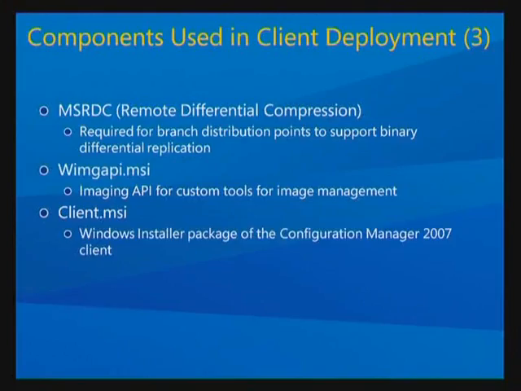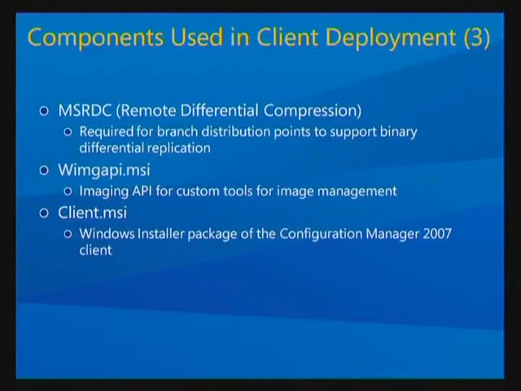Then obviously the Windows Installer package for the actual client itself, client.msi. So these are all the files that get installed as you install your client, starting with when you run CCMSetup, downloading and installing BITS, and then we install all these other components locally if they're not already there with a current or later version. So it does take a little while to get your client installed because it's got to go out there and get those.